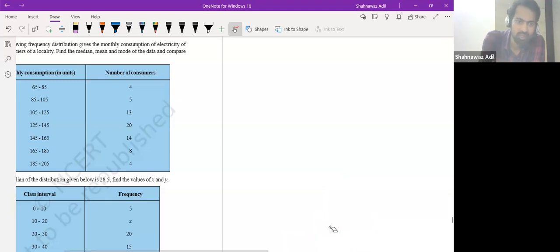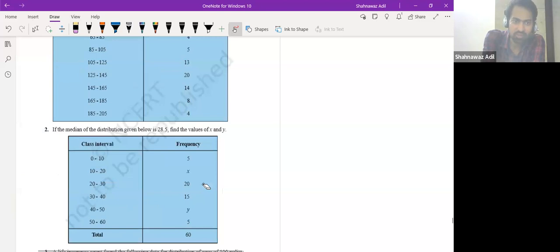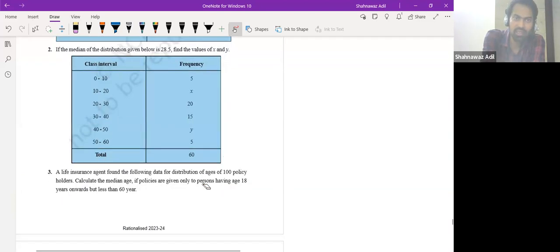Okay, so the next question. In the next question, the median is given. Just like the previous case, in the mean question, there was some frequency which was unknown, right? In this case, we will follow the same procedure for the median, and then put the value of the median at the end.